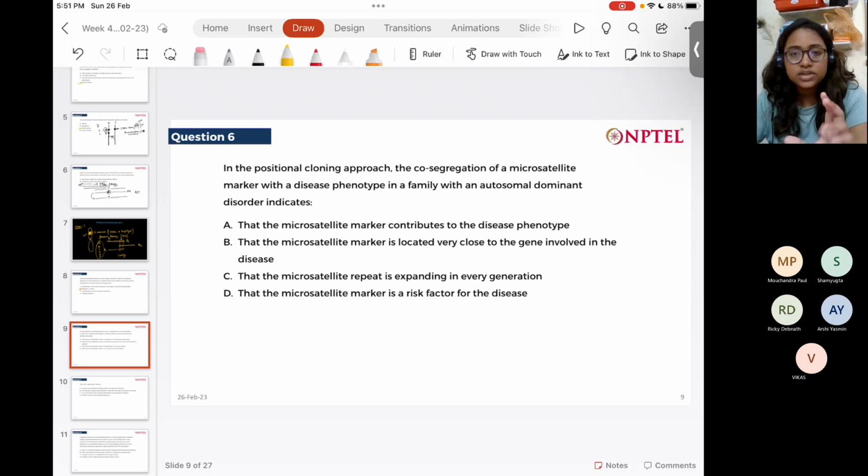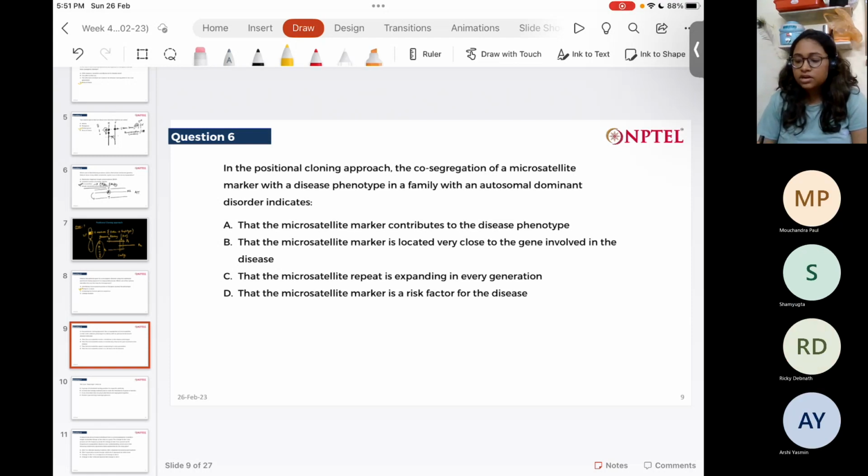It has been passed on within the family, and whoever has got that gene and that macrosatellite marker shows the disease phenotype. So which option indicates this scenario? The macrosatellite marker contributes to disease phenotype. Is it true? Does the marker contribute to disease phenotype? No, right? Then the marker is located very close to the gene involved in the disease.